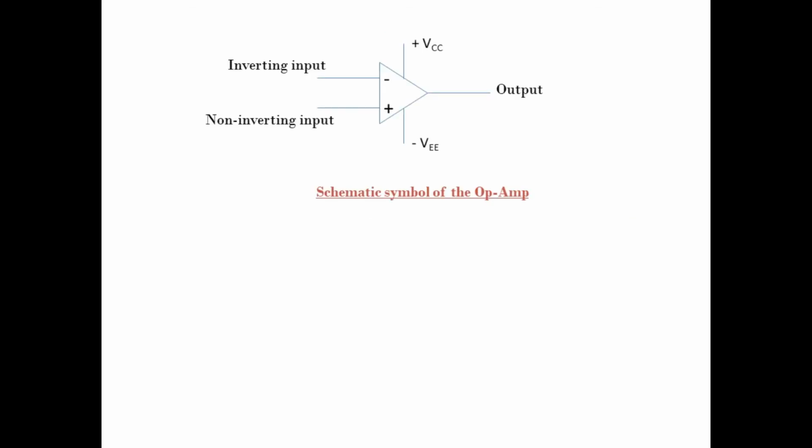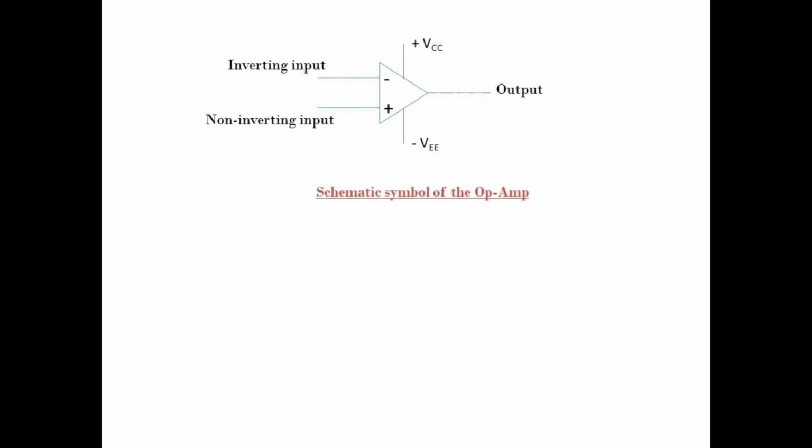This is the schematic symbol, the circuit symbol of an operational amplifier. It has two inputs. One of the inputs is designated by a minus sign, and the other input terminal is designated by a plus sign.